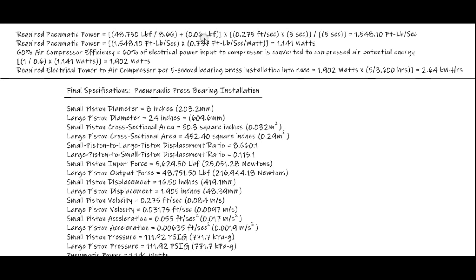That establishes the force component times the distance component, the velocity 0.275 feet per second times the time. So now the seconds cancel out and you're left with distance, and that's the work component. But when we take force times distance, or work, and divide it by the time, we get power. So work divided by time is power.